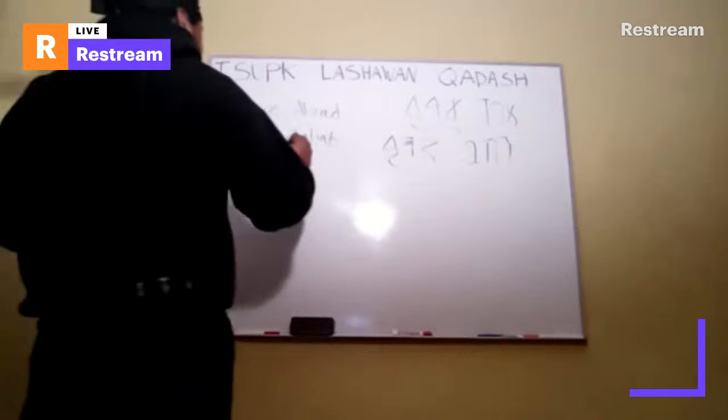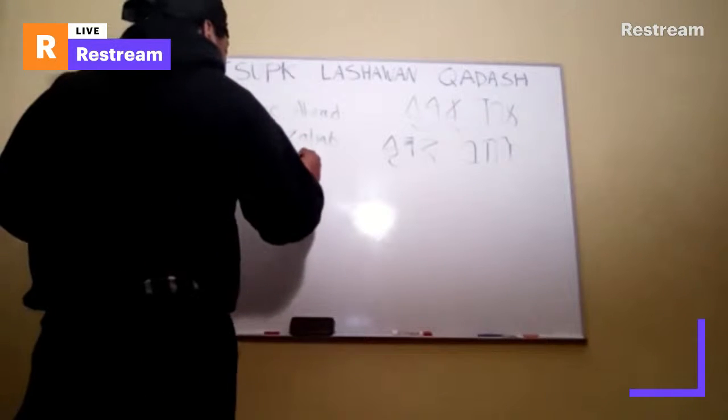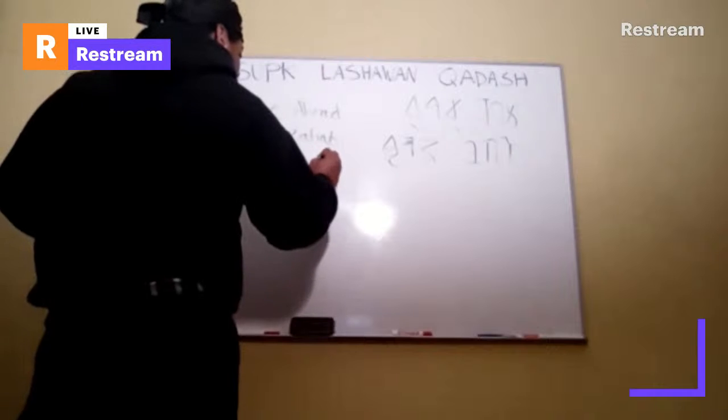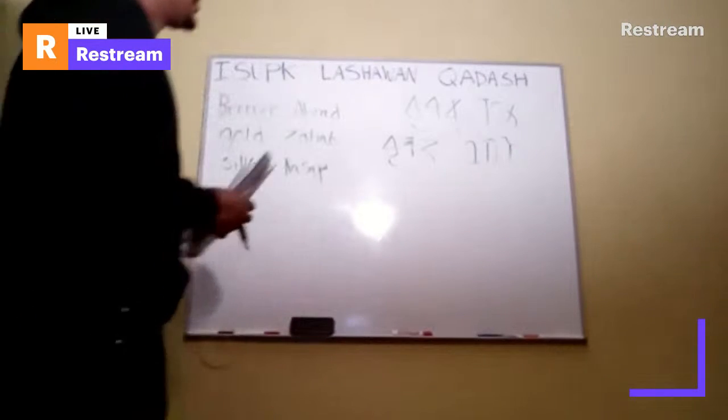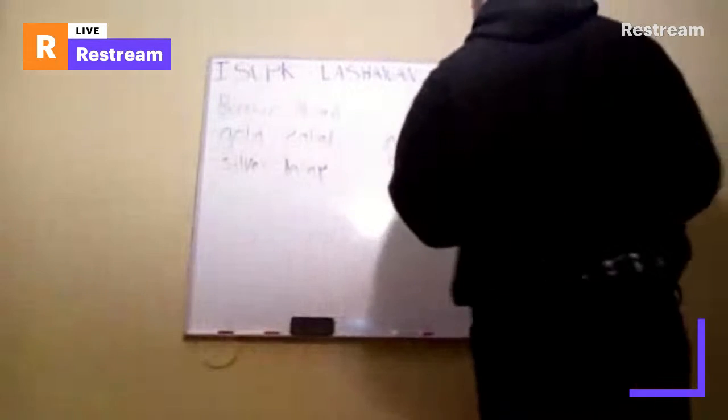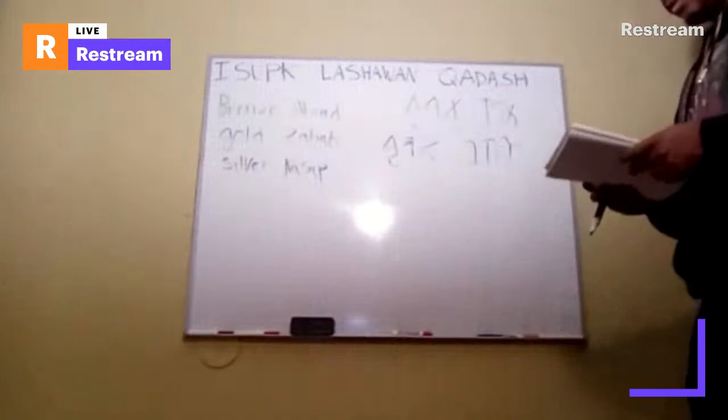Silver. Or kasaf. Kasaf is Lashwan Kodash for silver. Silver.